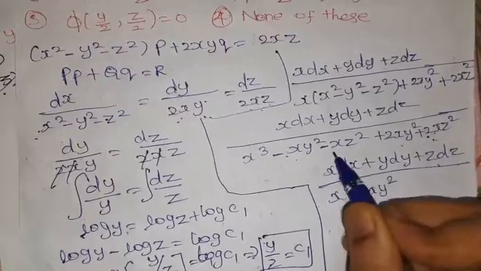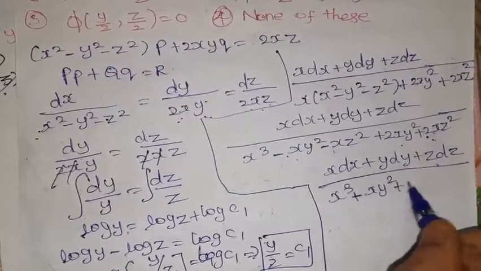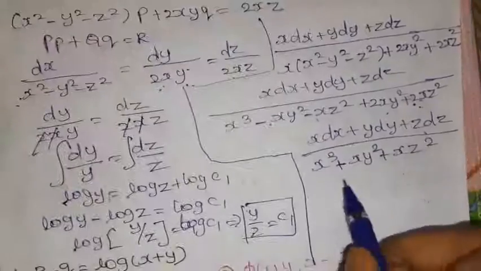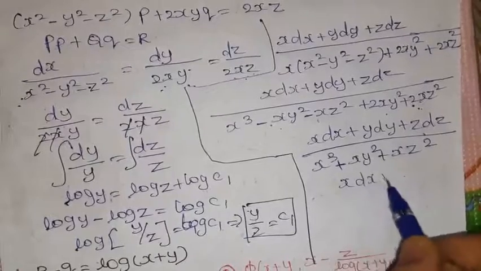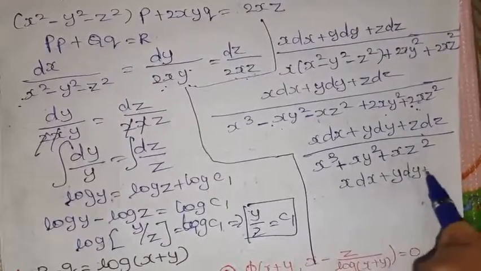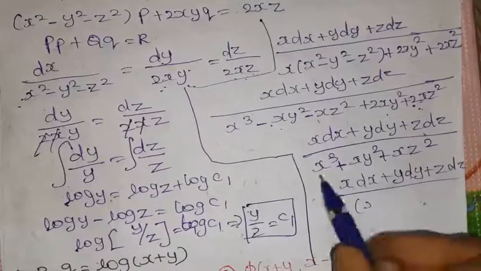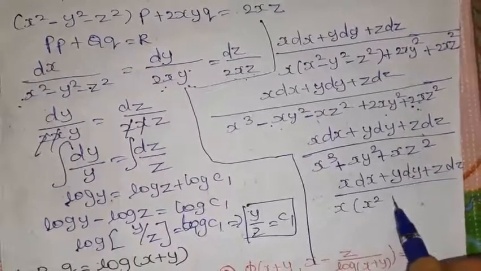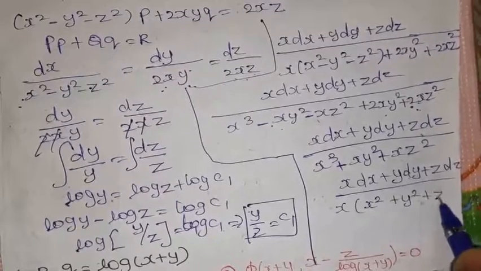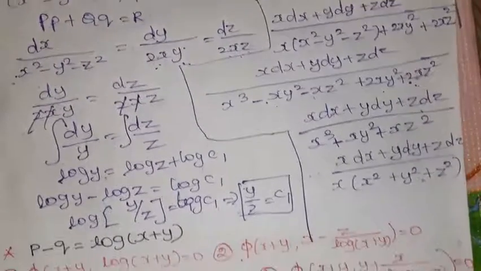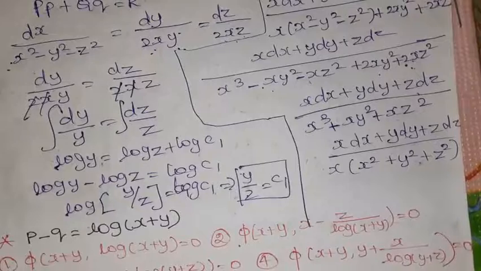And 2xz squared minus xz squared we will get xz squared, right? So in the denominator, x is common. Taking x outside, we get x squared plus y squared plus z squared, right? This term. So what can we do?